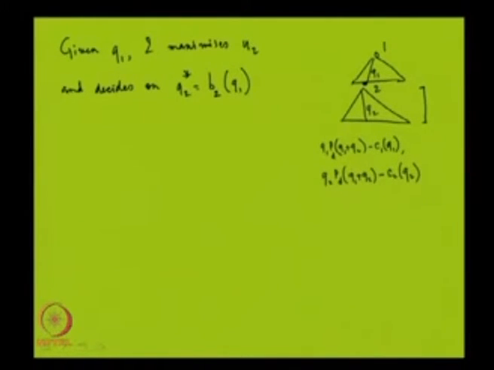This is the optimal thing that player 2 is choosing, and let us suppose Q2 star is unique for every Q1. So, for every value of Q1 there is a unique value of Q2 which maximizes u2, the payoff of player 2.